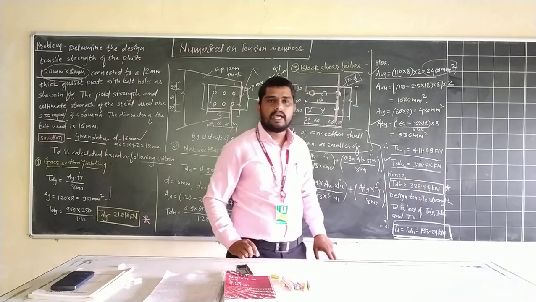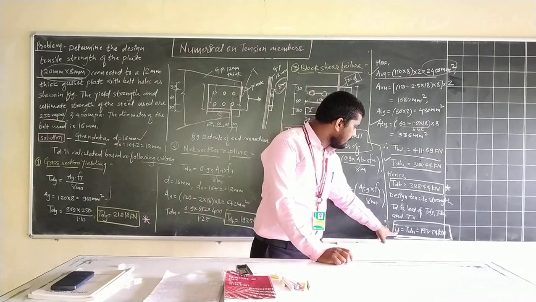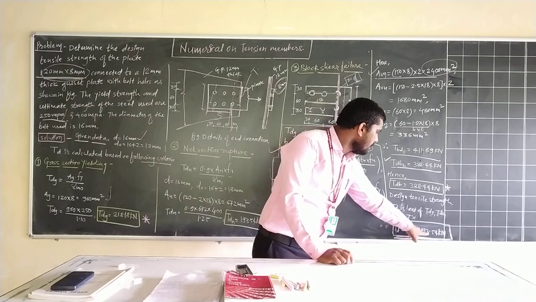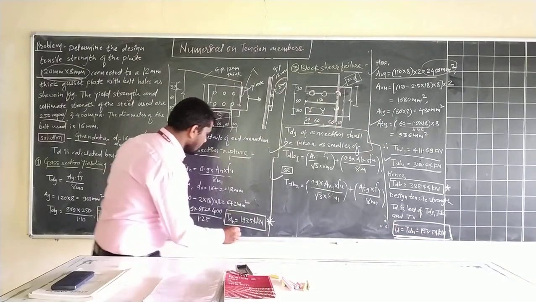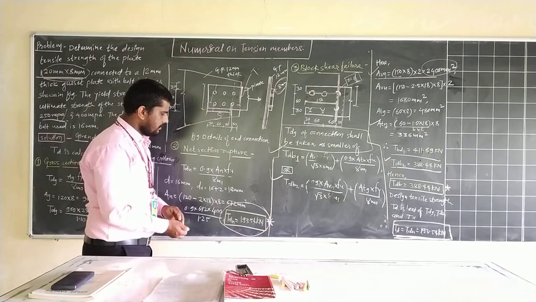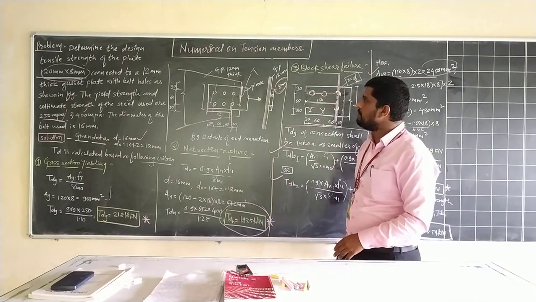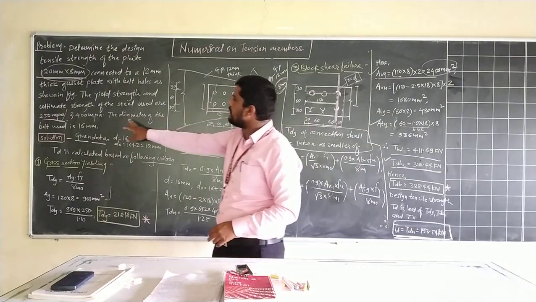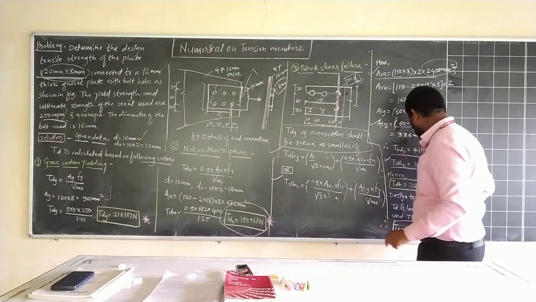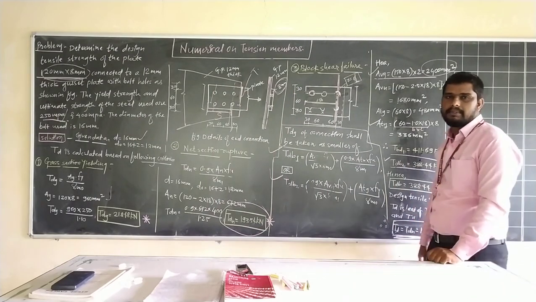Out of these three values, which is the minimum? The design tensile strength Td is equal to TDN, 193.54 kilonewton, the smaller value. So this is the detailed solution for the design strength, the least of these values, TDG, TDN and TDB.